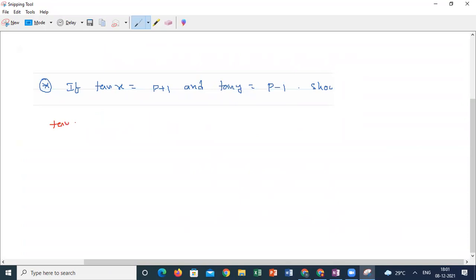You are saying tan x into tan y will come as p square minus 1. Next. Now tan x tan y plus 1 is equal to p square. So 1 plus tan x tan y is equal to p square. Correct? Yes, sir. Now how to prove this as 2 cot x minus y?